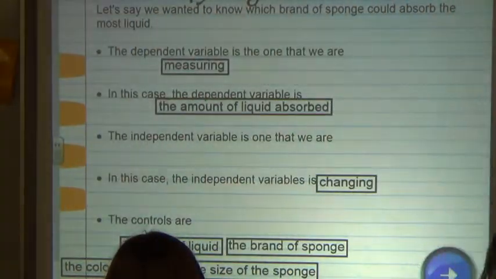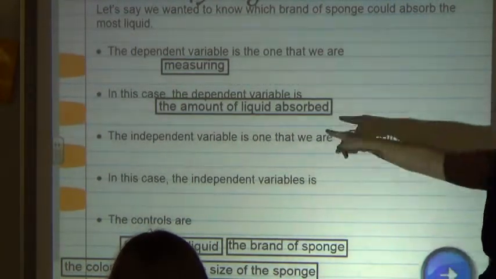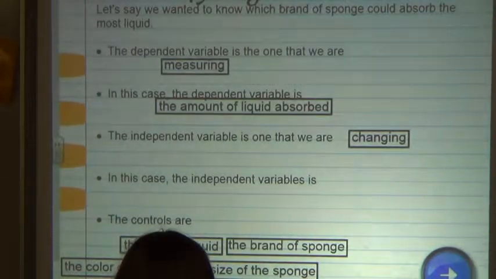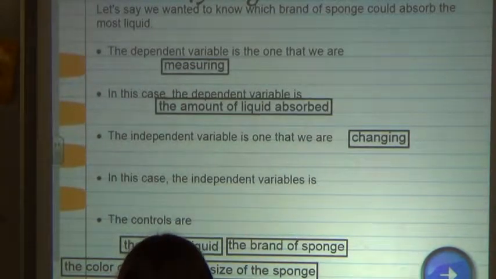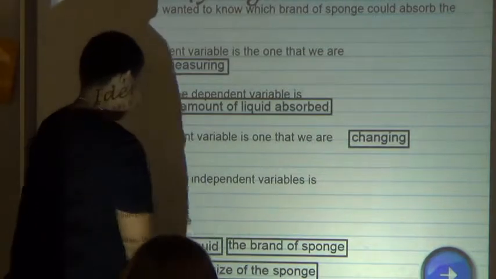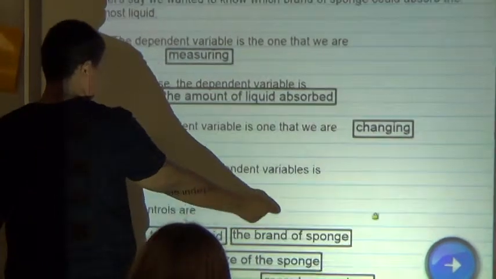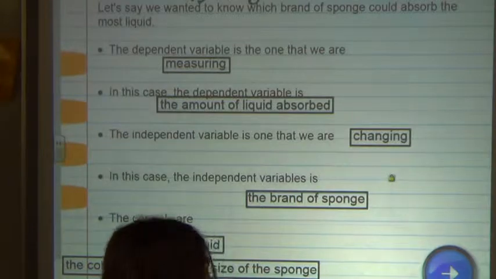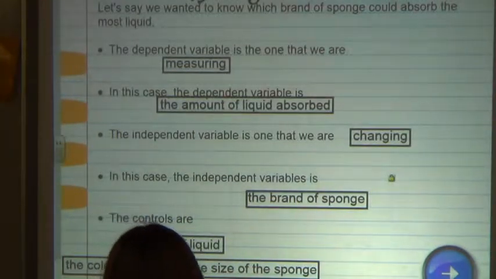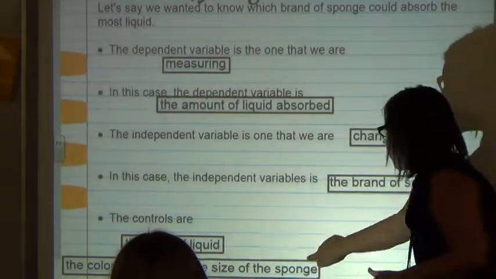Oh, wait. We read the other two. It goes right here. All right, Alex. In this case, the independent variable is? All right. Well, and then, didn't I say that everything left over was the controlled variables?